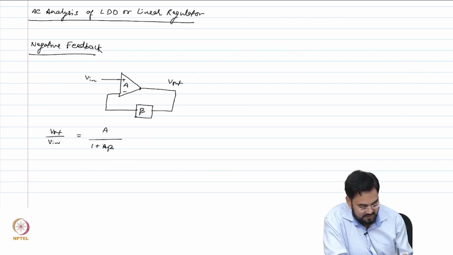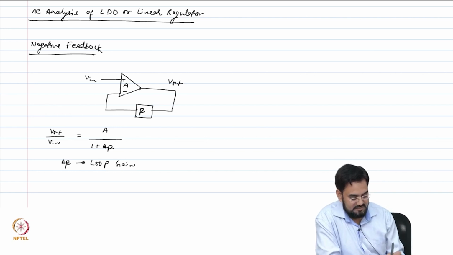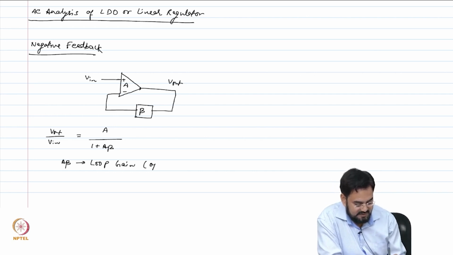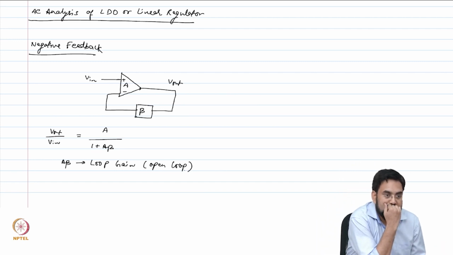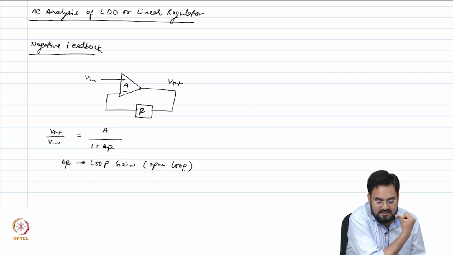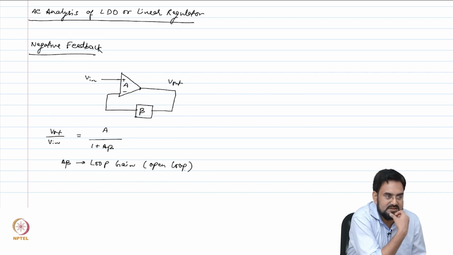And what do we call this A beta? A beta is the loop gain, which is nothing but your open loop gain. Whenever you have to find the loop gain, you have to break the loop, because it is defined as an open loop gain.